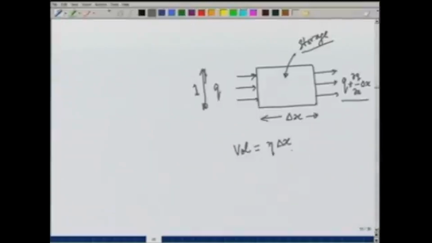So, eta delta x will be the volume of water stored within this element.